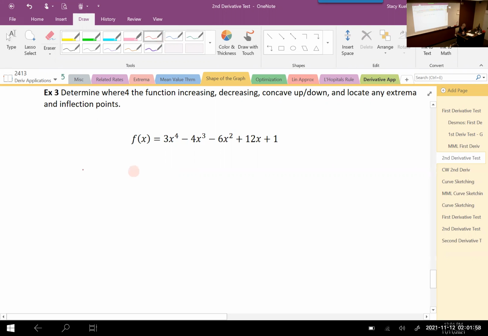So I'm going to come over here and talk about the first derivative. For the first derivative, we have 12x cubed minus 12x squared minus 12x, wow, plus 12.